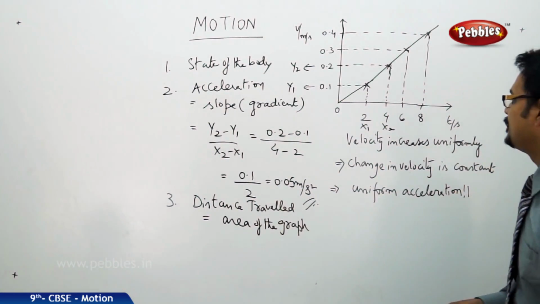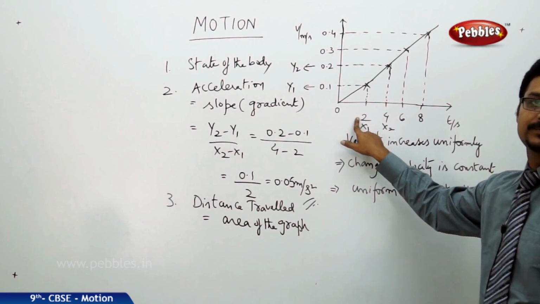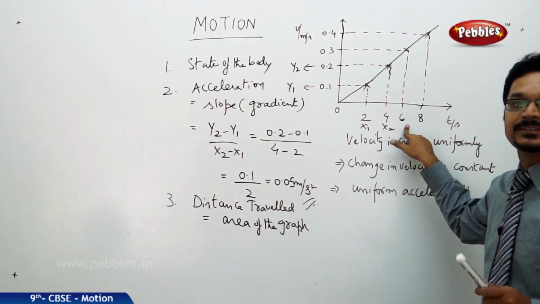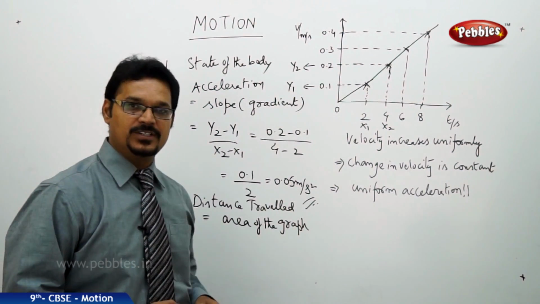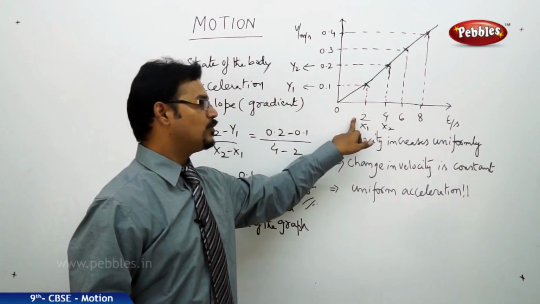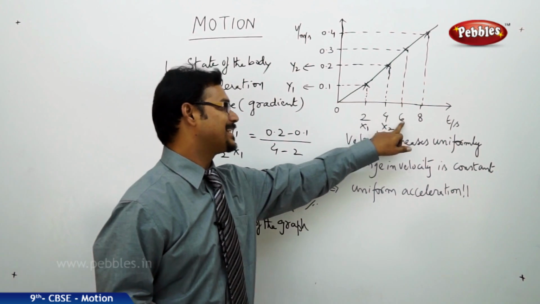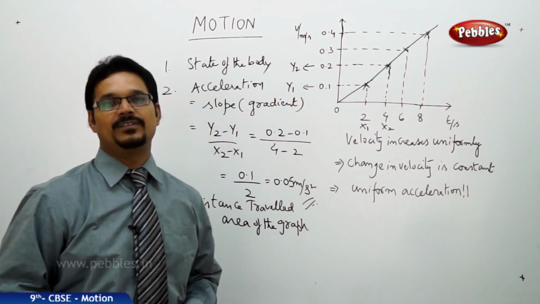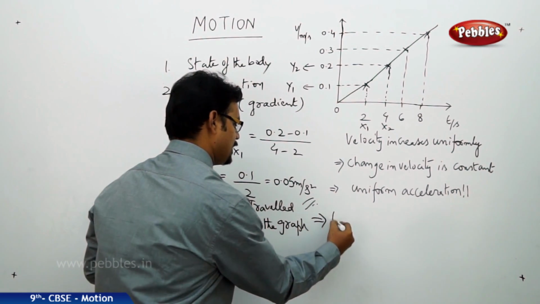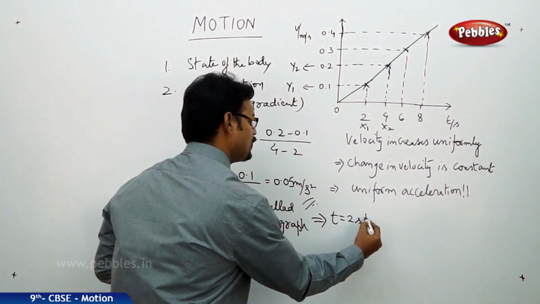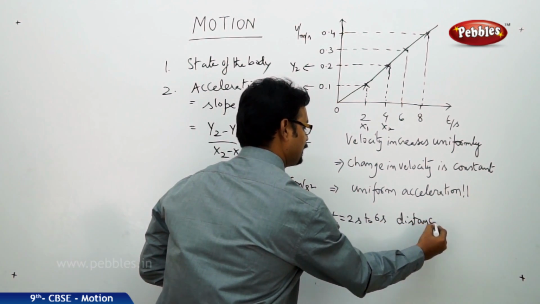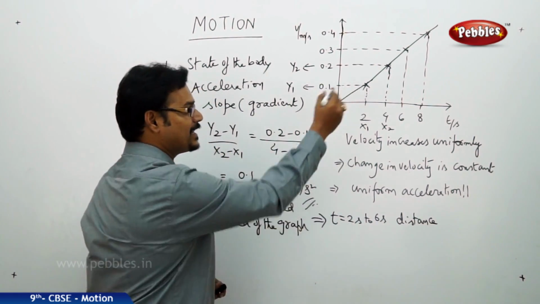Now you ask me how to find this distance. Take an example. From t equal to 2 seconds to 6 seconds, what is the distance covered? Let us solve. See the graph carefully.